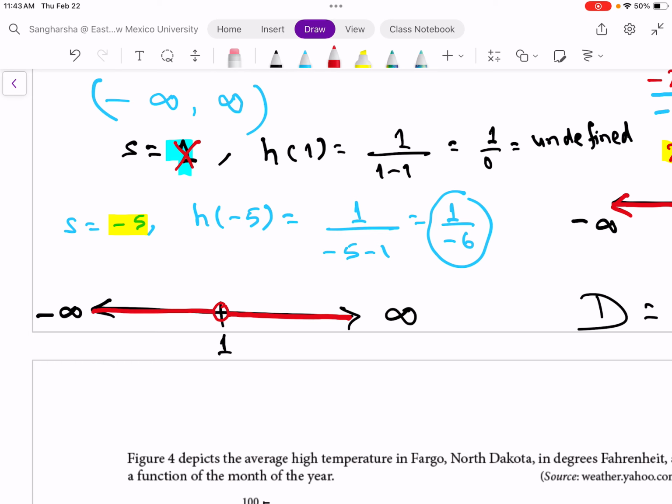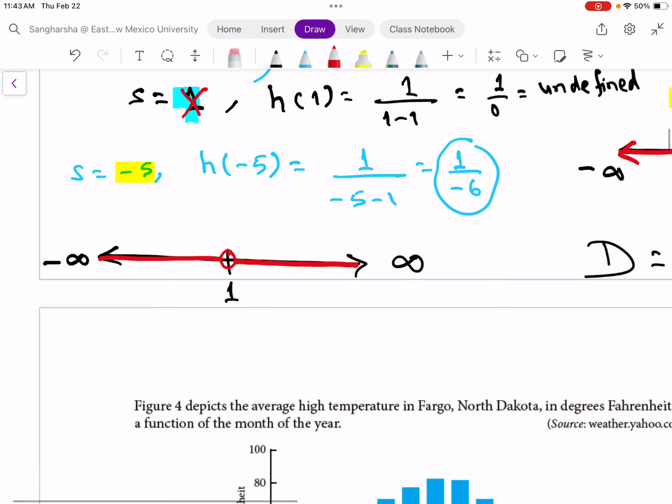Now let's write this in interval notation. We have from negative infinity to 1. With infinity, it's always a parenthesis. Now what about with 1? Is it a bracket or a parenthesis? Because we have an open circle, because we are excluding, we're going to have a parenthesis. Now for this part, it's starting from 1 all the way to positive infinity, with parentheses again.